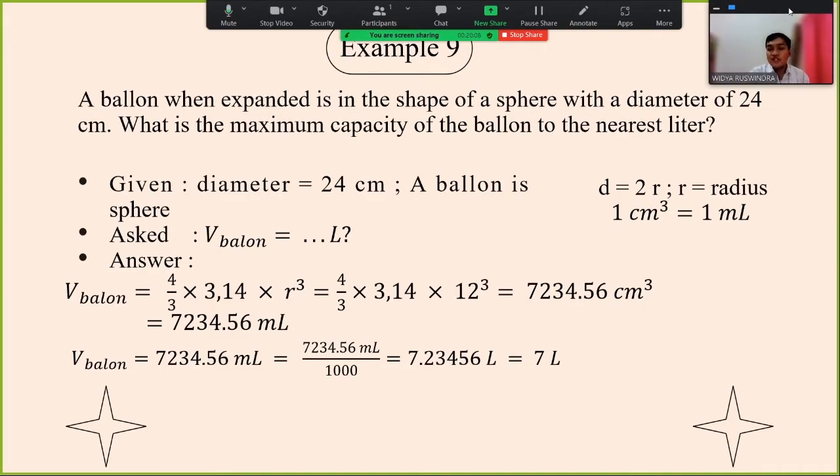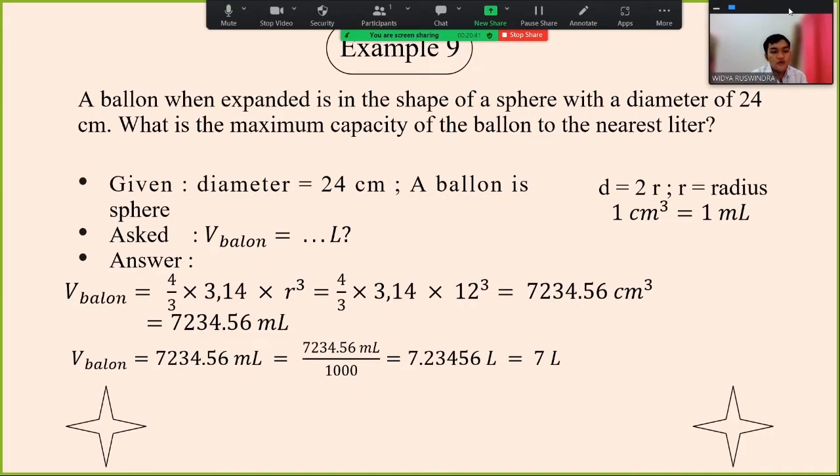Okay, from the question, given the diameter is 24 cm and the balloon is a sphere. Asked: volume of the balloon in liters. Before we answer this question, we know the diameter equals 2 times r, where r is the radius.